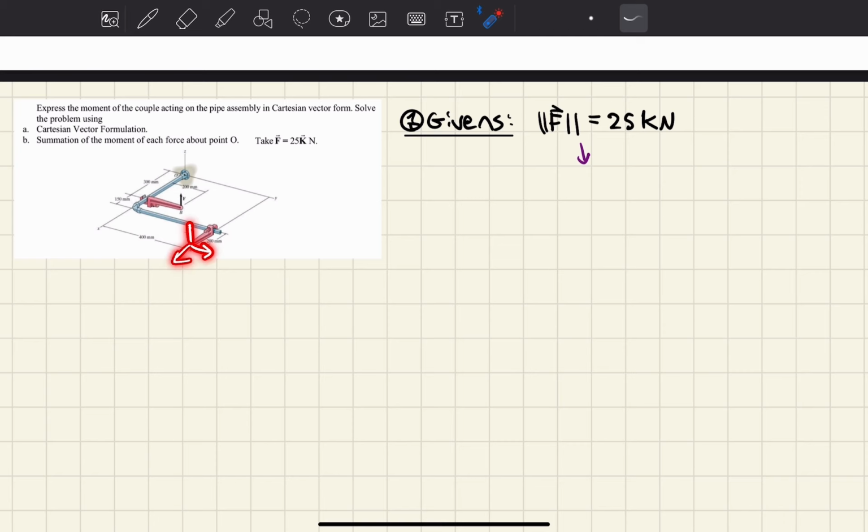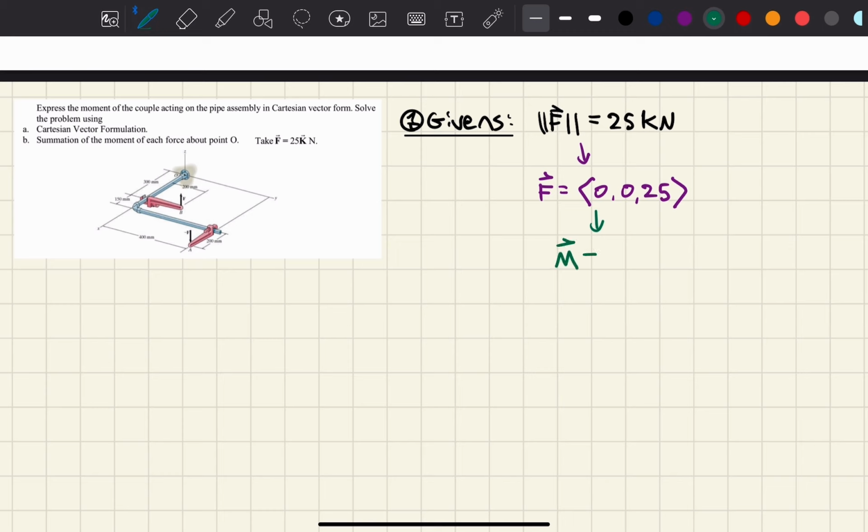It's purely in the z, and we're going to go with the positive one. So the force vector F is equal to 0, 0, 25. Right then and there I'm going to want to find the moment, so I want to put down this formula. The moment vector is equal to the position vector cross this force vector that I found.